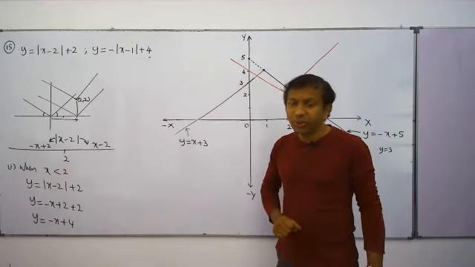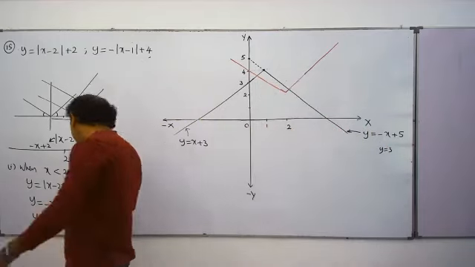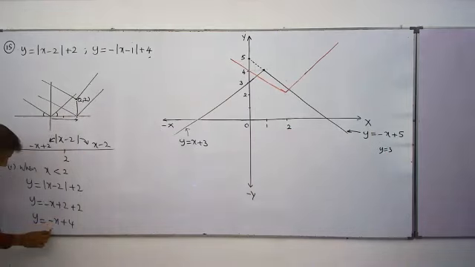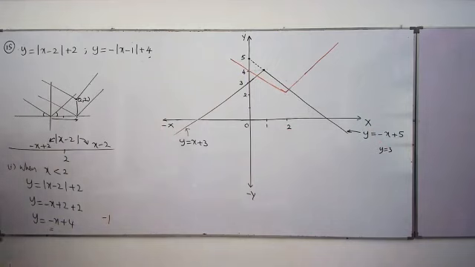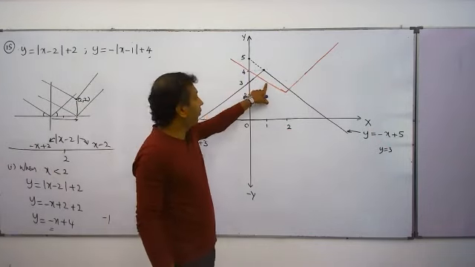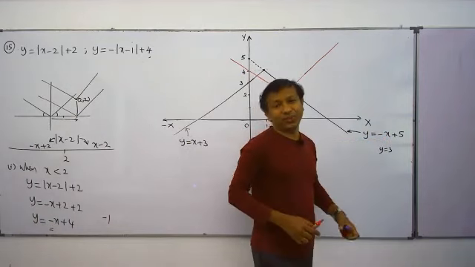Another thing you have to consider, people. What is that? You can see the gradient of this line. What is the gradient? Minus 1. This one has the gradient minus 1. People, what is the gradient of this one? Also minus 1.